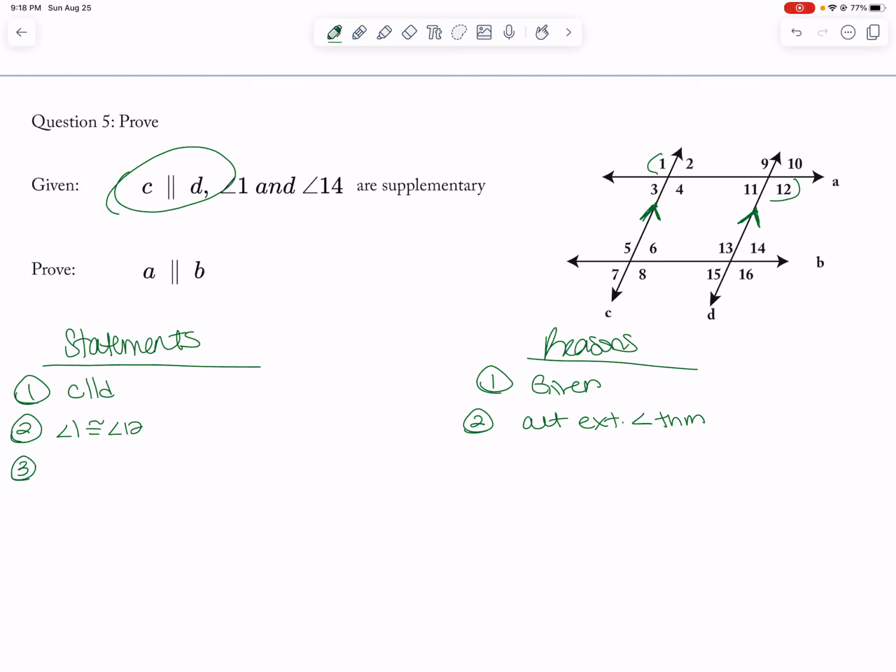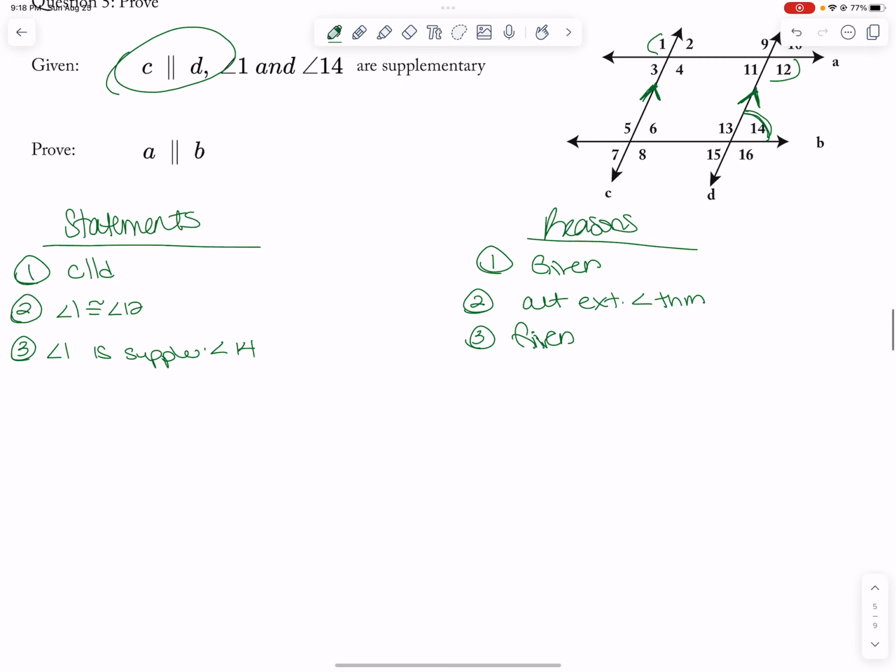And then angle 1 is supplementary to angle 14, and that's given. And then 4, measure of angle 1 plus measure of angle 14 is equal to 180. And that is the definition of supplementary angles.